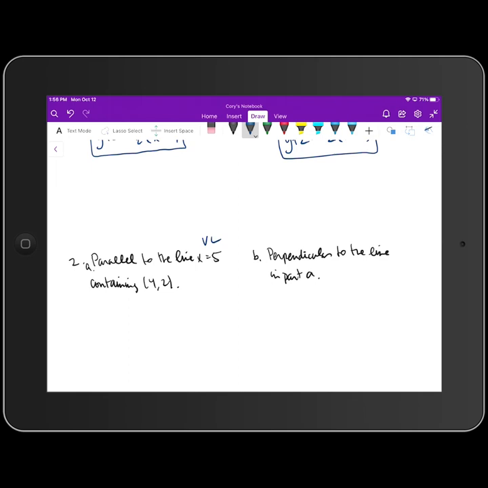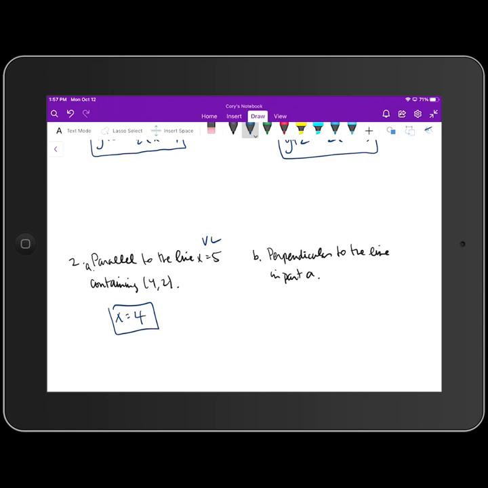So if we want our line parallel to that vertical line that contains the point 4, 2, our parallel line has to be vertical as well. So it has to be an equation of the form x is equal to some number. And if it's going to pass through the point 4, 2, then the x coordinate has to be equal to 4. So that's the line x is equal to 4.